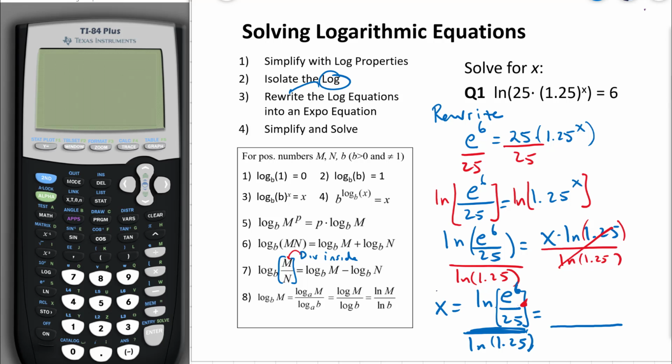So I cannot do anything about the bottom. That's stuck. But the top I can separate into log e to the 6th minus log of 25.